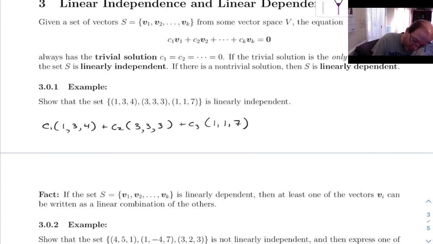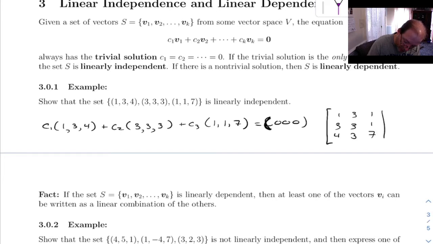And we set that equal to the zero vector. We're supposed to show that this is linearly independent. What this means is we need to show that this only has the trivial solution. So what I'm going to do is rewrite it as an augmented matrix: 1, 3, 4, 3, 3, 3, 1, 1, 7, augmented with zeros.